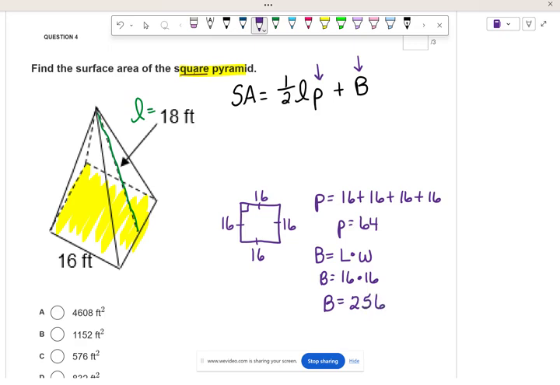All right, so we're going to take all these numbers and plug them in. The surface area would equal 1/2 times 18 times 64 plus 256. Let's type that in our calculator and see what we get.